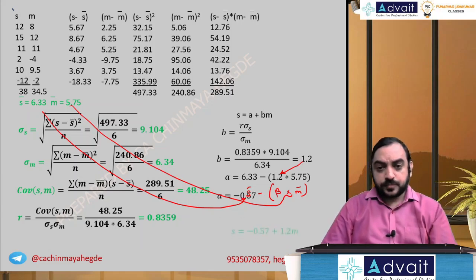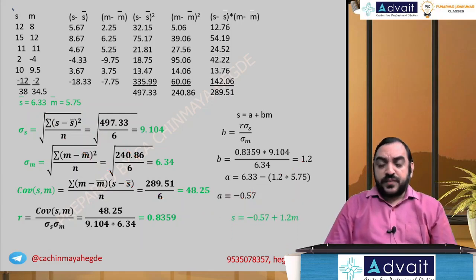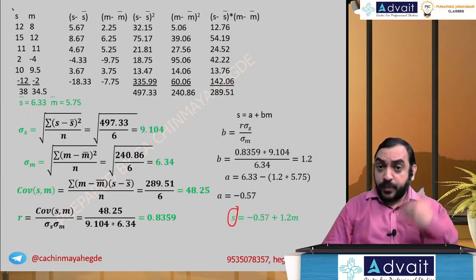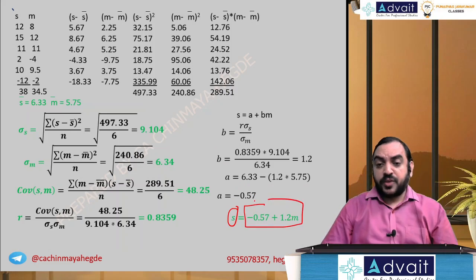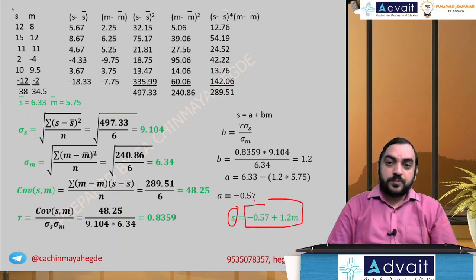So we get minus 0.57 plus 1.2 M, that is A plus BM. A is minus 0.57, B beta is 1.2. So security return depending on market return is minus 0.57 plus 1.2 M.